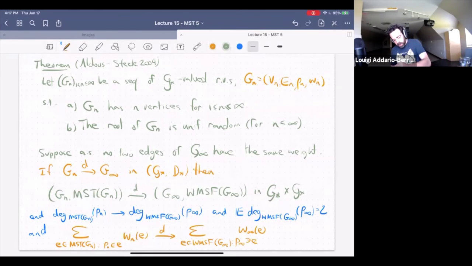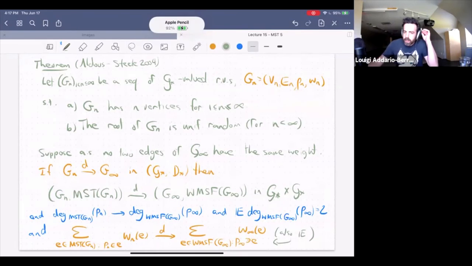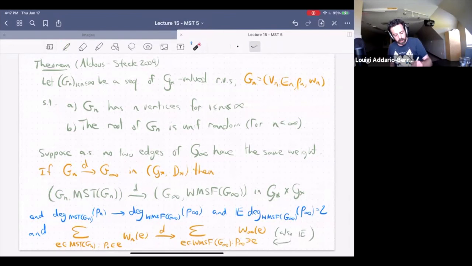And I don't have room to write it, but also expectation for that convergence. Okay, so this is quite nice, right? It says that as soon as you have convergence of the weighted local structure, you also get convergence of this sort of combinatorial optimization type object sitting on top of it.